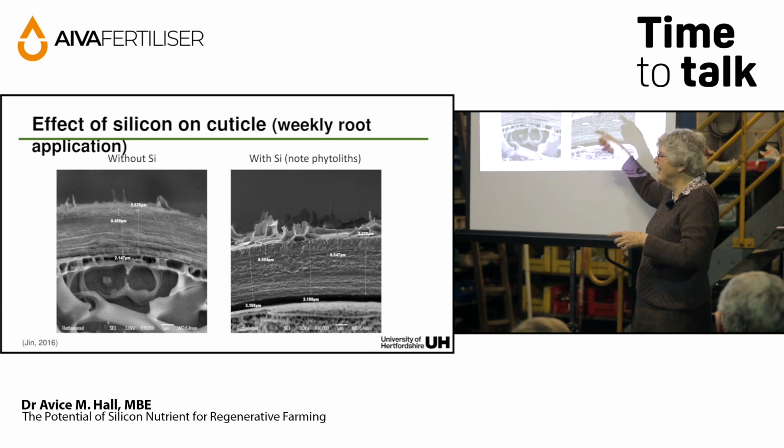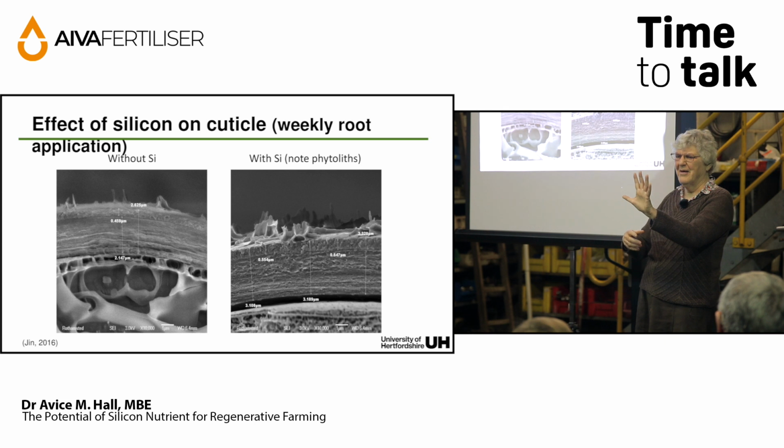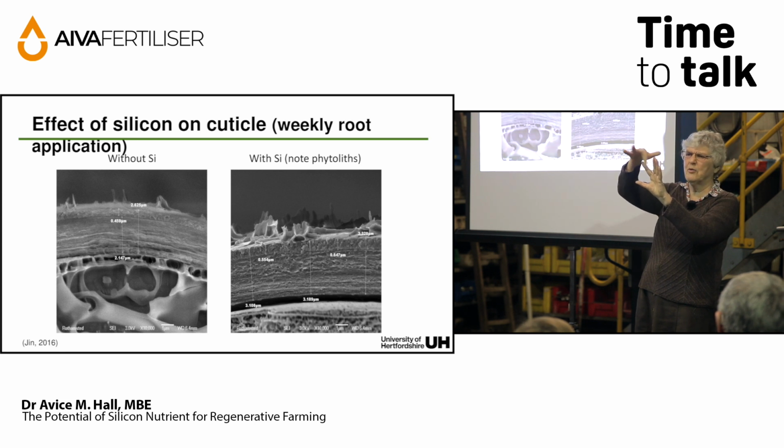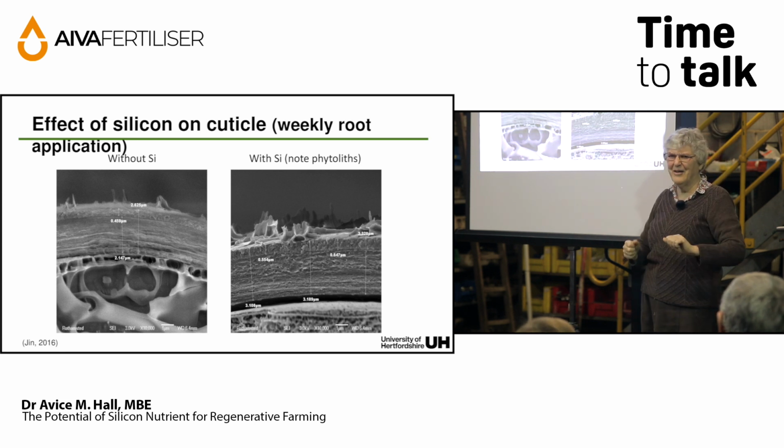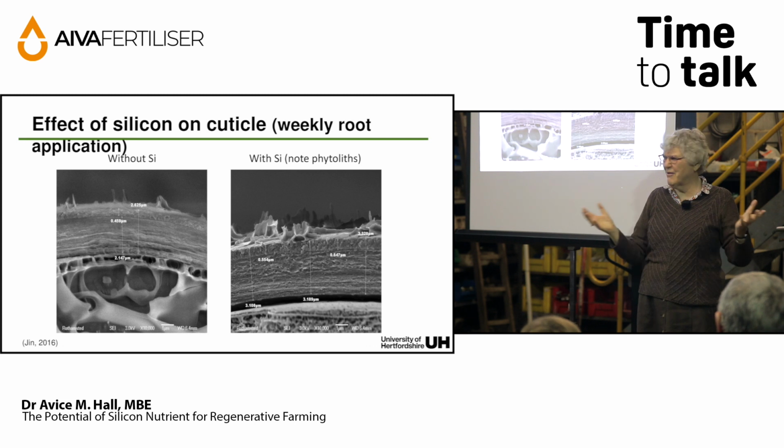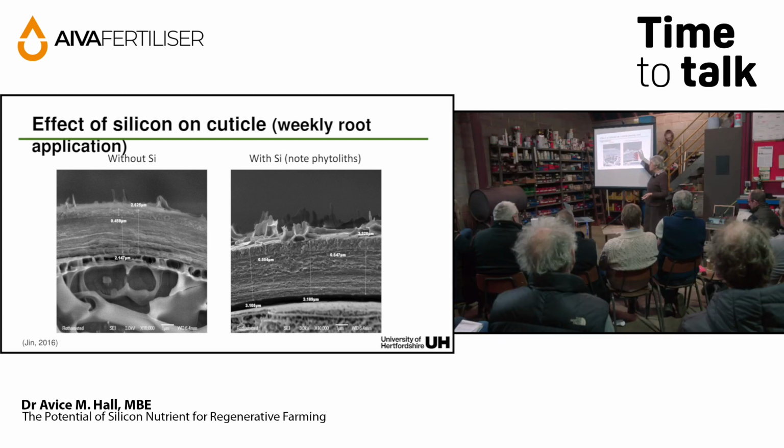So if it's like this and it goes in, that's fine. But if the germ tube comes along and it's all crystalline, it might be swinging above the surface and just not get there, because remember, it's all microscopic. So this morphological change is what gives you your disease and pest control.